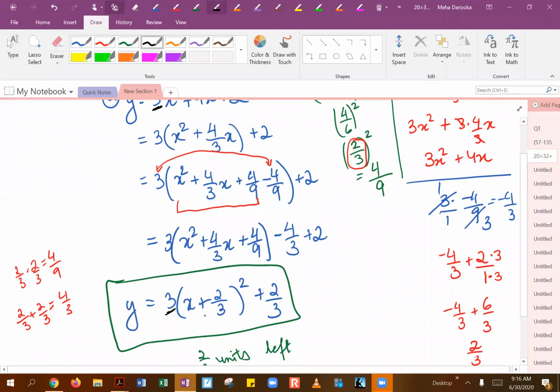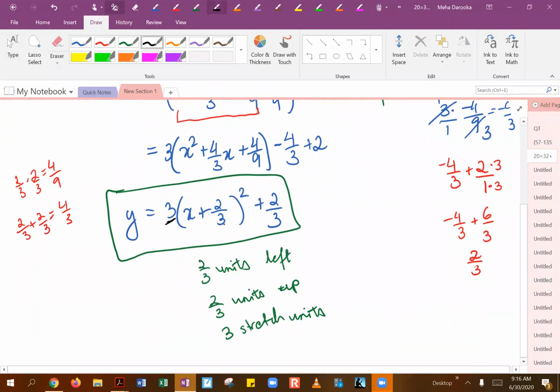That's what we were using here also. We knew our graph was moving 2/3 units to the left and 2/3 units up. We moved 2/3 unit to the left, we moved 2/3 unit up, and that became the vertex of this parabola.